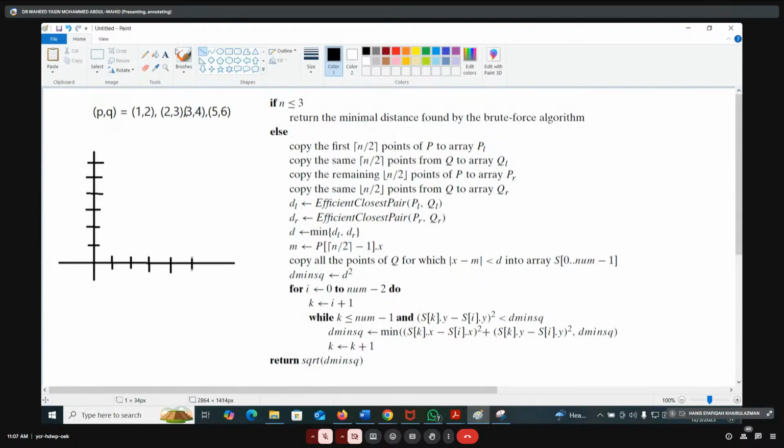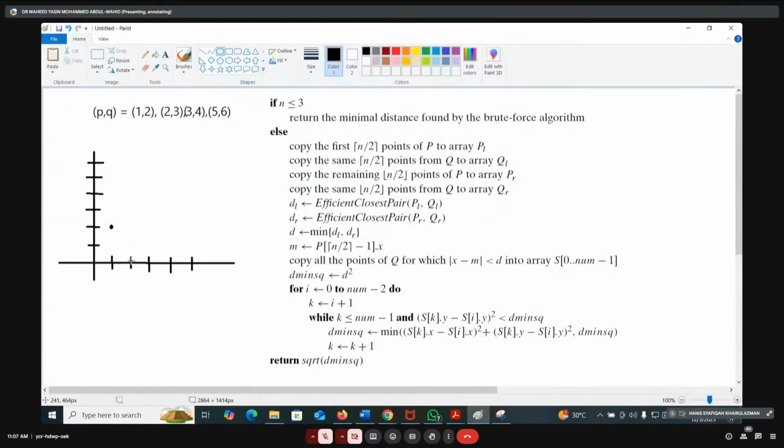So the first point, 1 and 2. Let me make a circle here. 1 and 2, so the first point is here. Okay.